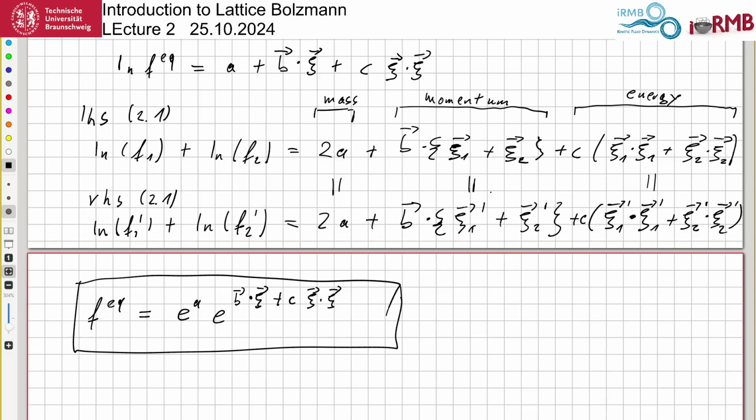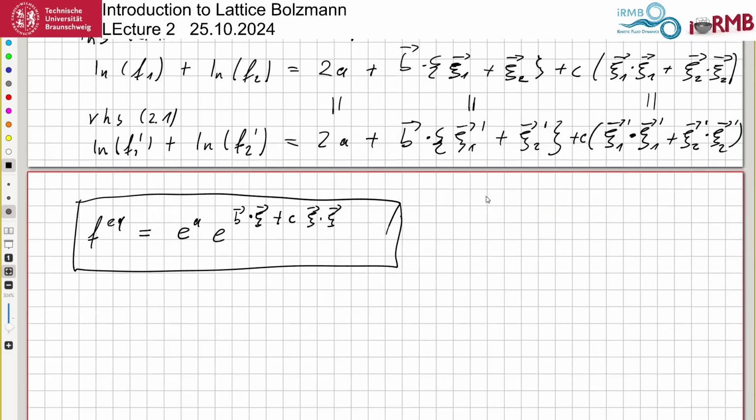We'll leave it to the practitioners to identify this with experiments, and now we are more interested in what we are going to do with it when we want to solve the Boltzmann equation. And here we come to the idea of single relaxation time.